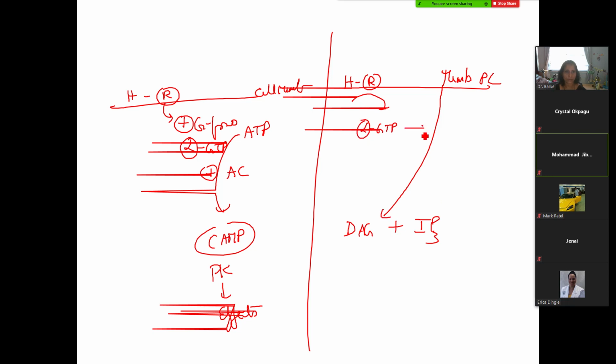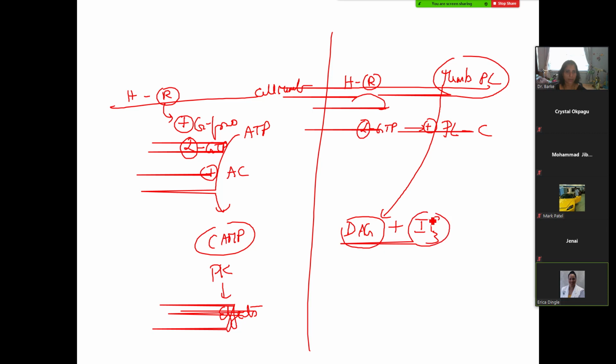So it will activate which enzyme? Protein kinase C is later, but I want the enzyme which breaks down phospholipid. So what do you call the enzyme which breaks down a lipid? Phospholipase C. So once phospholipase C is activated, it will break down membrane phospholipids to diacylglycerol and IP3.